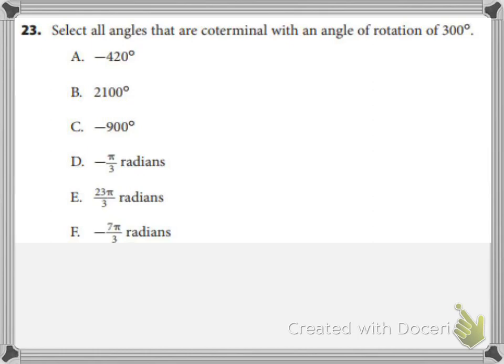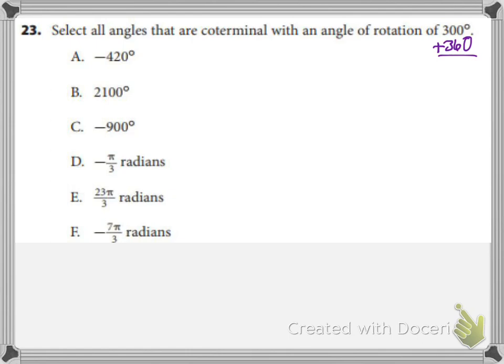I think that it's probably easier for you to do the degrees than it is for you to do the radians. So if you wanted to do the degrees, I could just say, I don't know which one of those match. Add 360, see if it matches any of those.